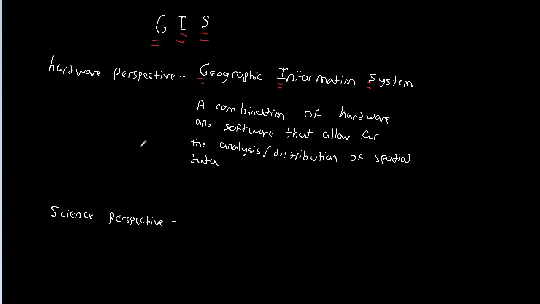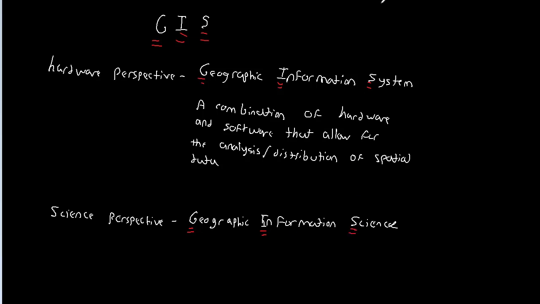From the science perspective, it's still geographic information, but instead of systems, the S stands for science: geographic information science.